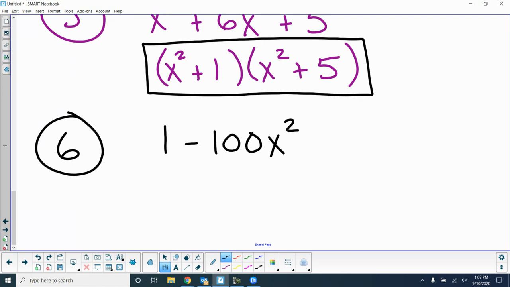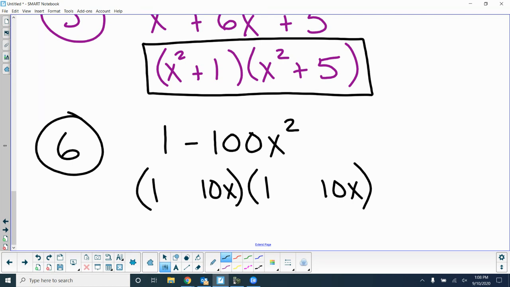So when we do these, we just go right to our 2 sets of parentheses, and then we take square roots. What's the square root of 1? 1. That goes in the front of both sets. What's the square root of 100x squared? 10x. That goes in the back of each one.